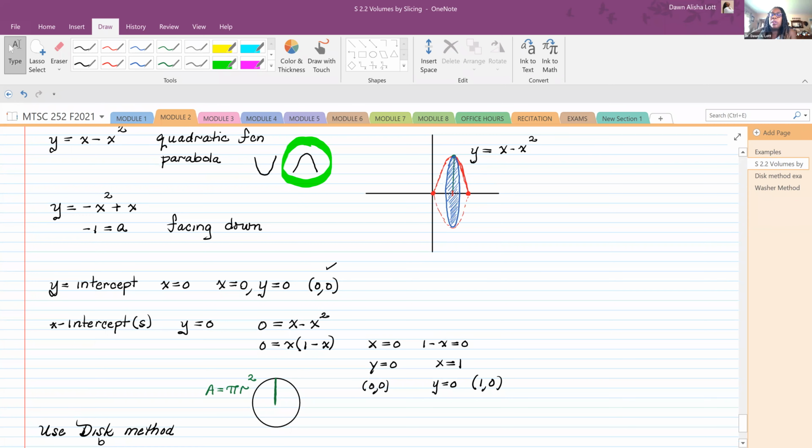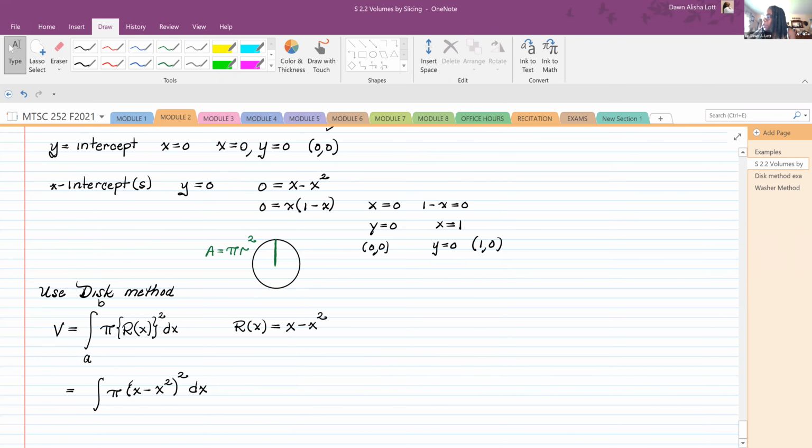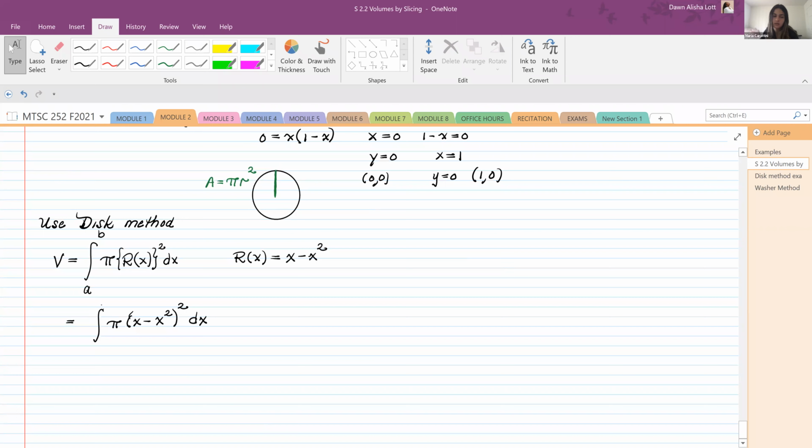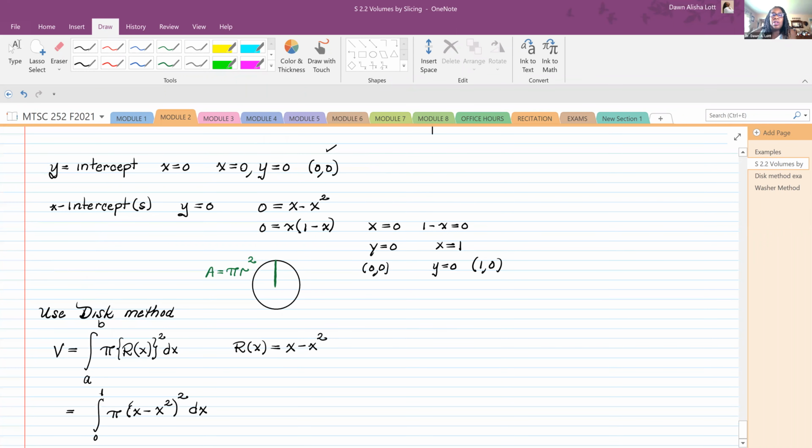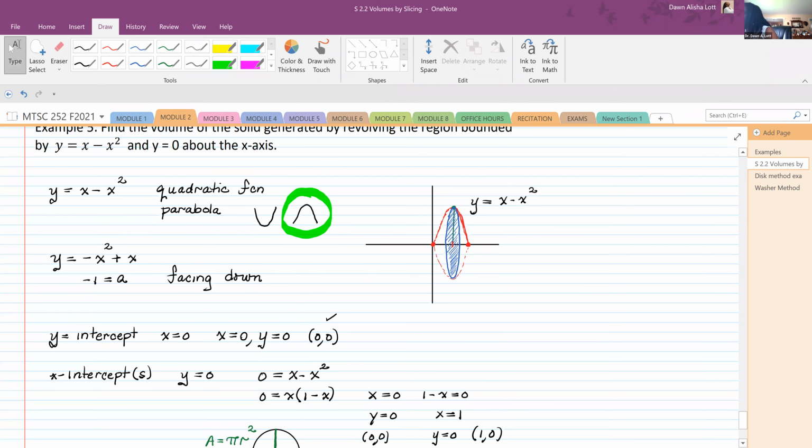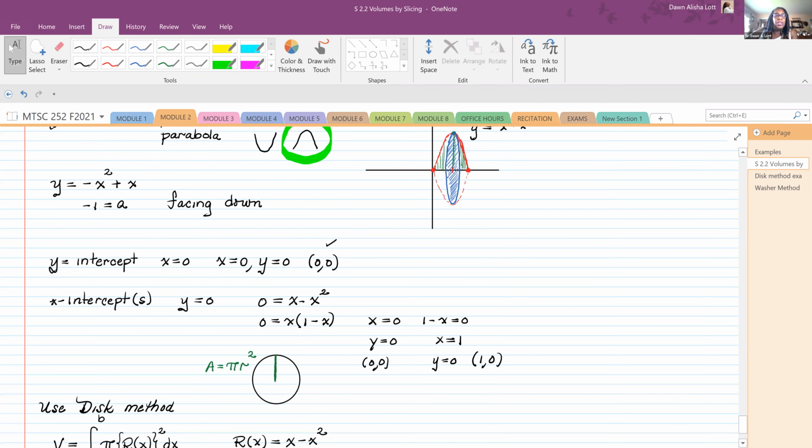Okay, I'm going to start at 0 and I'm going to end at 1. So please note that this green line can start as far as 0 as a radius, and it can make its way all the way over to 1. Okay, so that is my region.